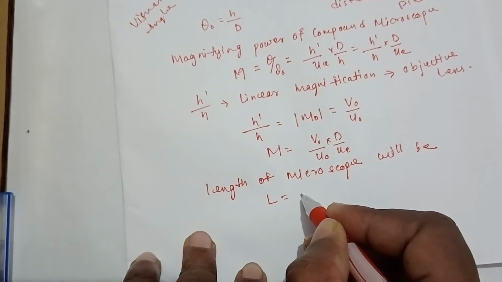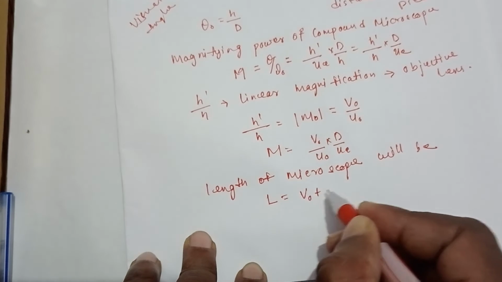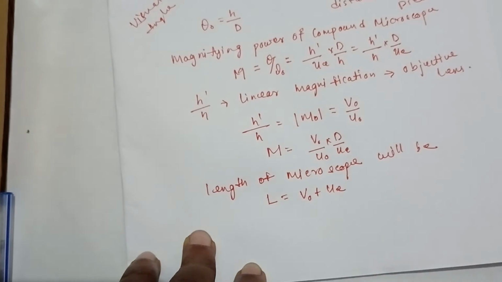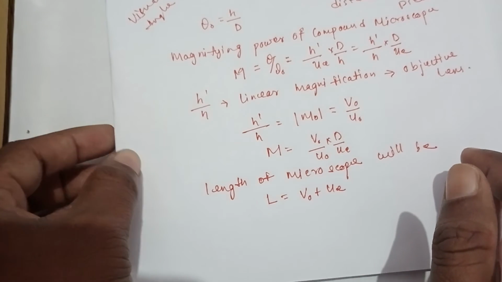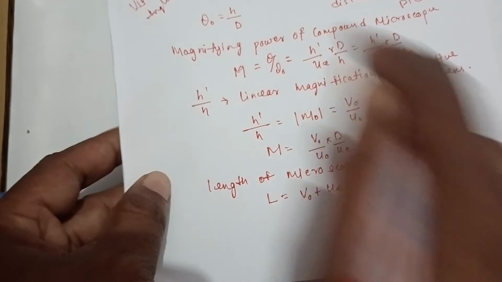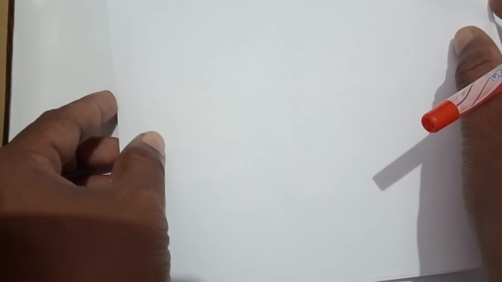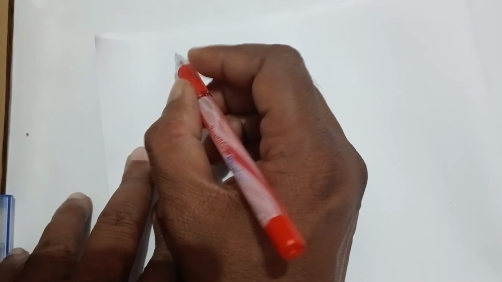So L is equal to V naught plus Ue. Next we have to find the magnification and length for the relaxed eye, and for D also.